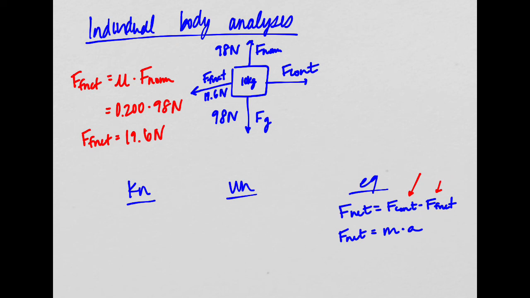Okay, well, now I know that my F net is equal to my contact force minus the friction force. I also know that the net force is equal to mass times acceleration. What I can do is plug this in here, and I get contact minus friction equals mass times acceleration.